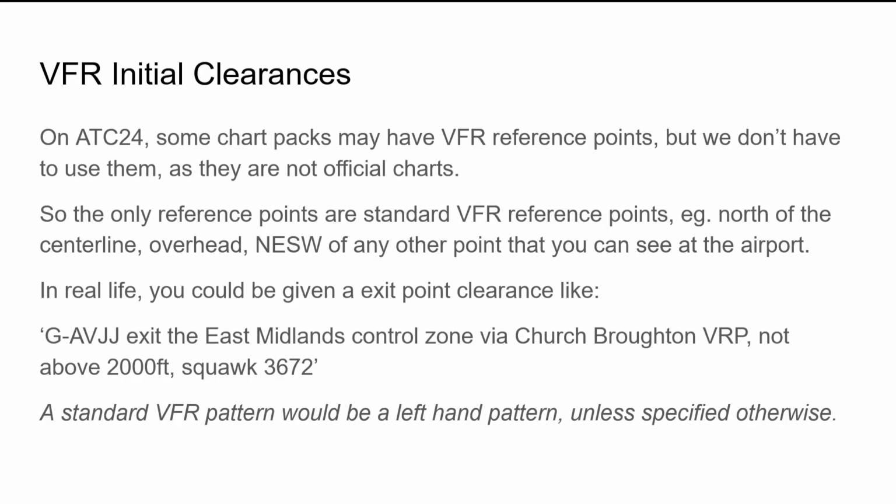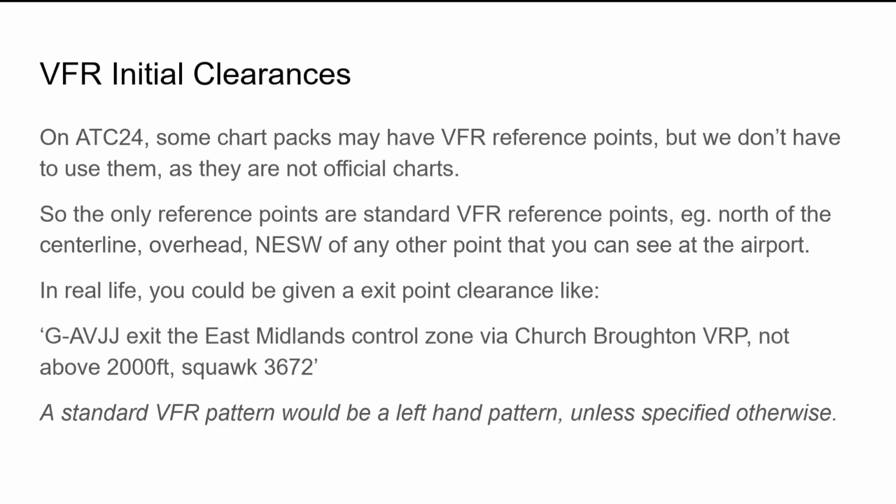So just for your own sake, use northeast, southwest, and any actual reference points in relation to the airport. For example, runway center lines, overhead. For example, if they're transiting from the north to the south, you tell them transit from the north to the south, overhead, not above 1,000 feet.